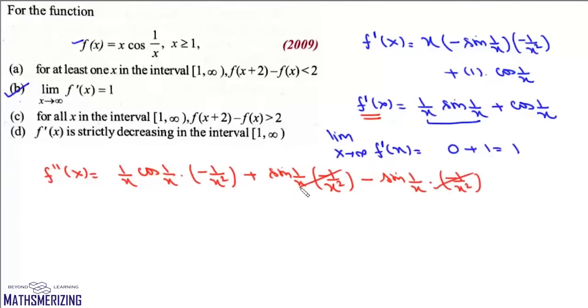Now these two will cancel. We'll write f double dash x as minus 1 upon x cube cos 1 by x.